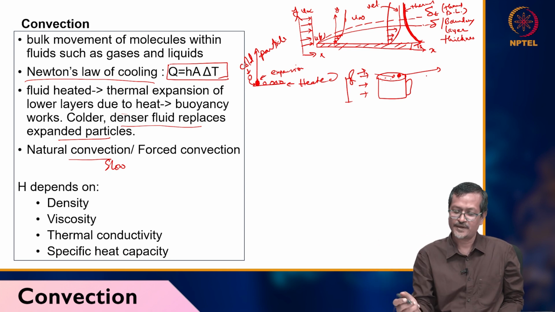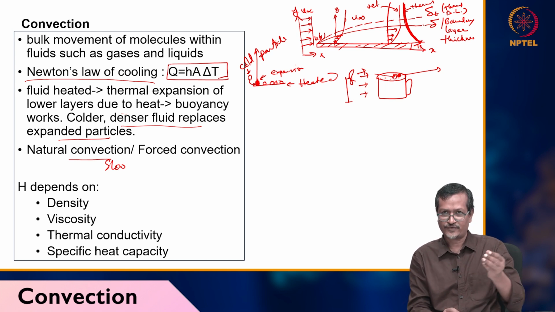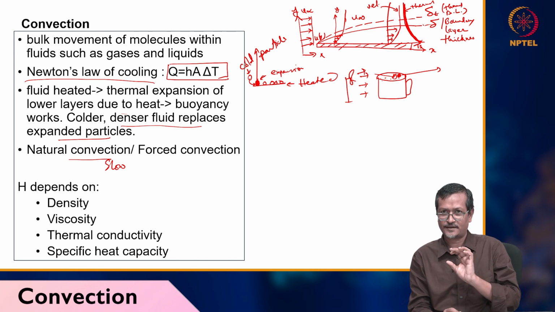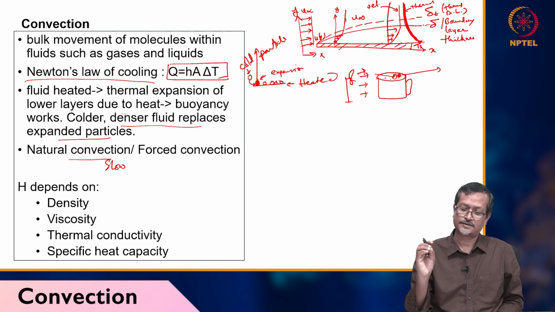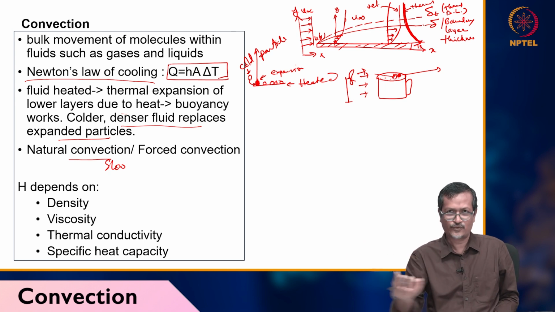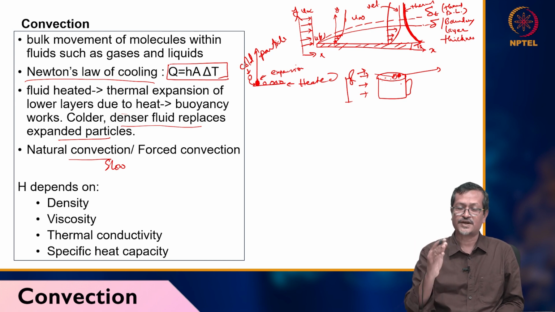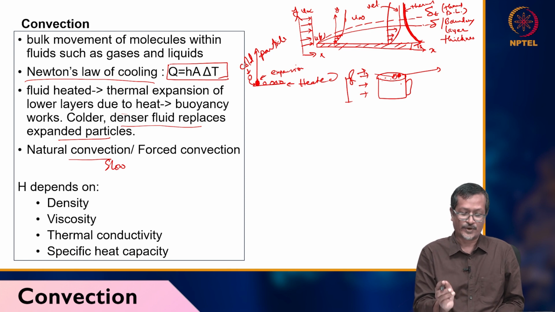Then another cold particle takes that space, takes a certain amount of heat, and is moved away again, and another cold particle comes. The cold particle meets a higher temperature, so the temperature gradient is higher, meaning the heat transfer rate to the particle will be higher. When a cold particle is quickly heated and quickly removed, and another cold particle comes, quickly heated, quickly removed, that increases your heat transfer rate. So whenever you have forced convection, your heat transfer rate will be higher. When you have natural convection, the heat transfer rate will be lower.